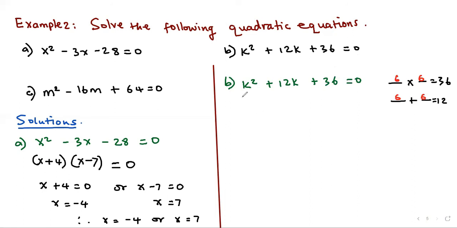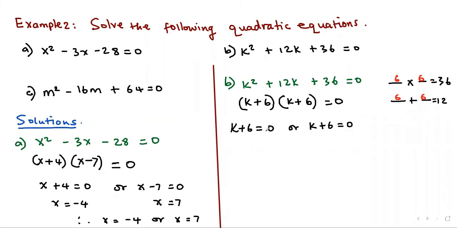So what do I have? k plus 6 into k plus 6 equals 0. So what next? I say that k plus 6 equals 0.